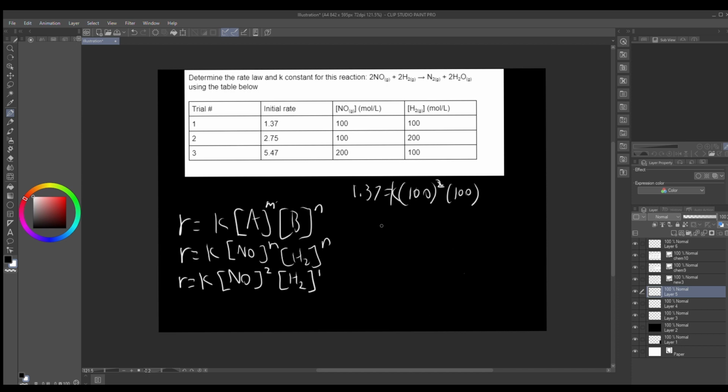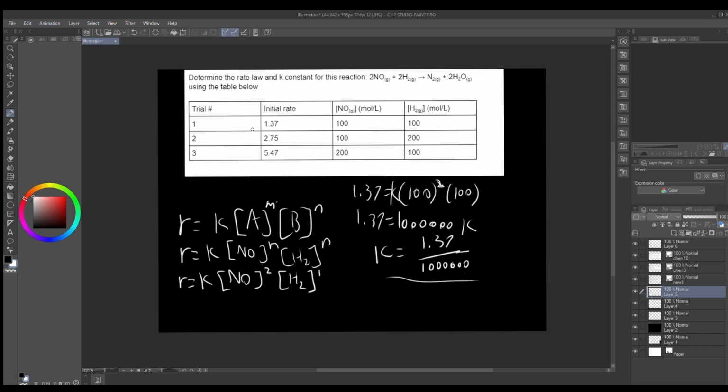From that we get 1.37 equals K times a very big number, 1 million. Now we just isolate for K: 1.37 over 1 million, and that's your K constant value.